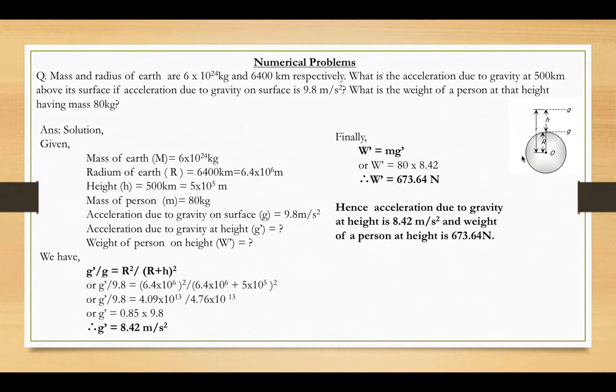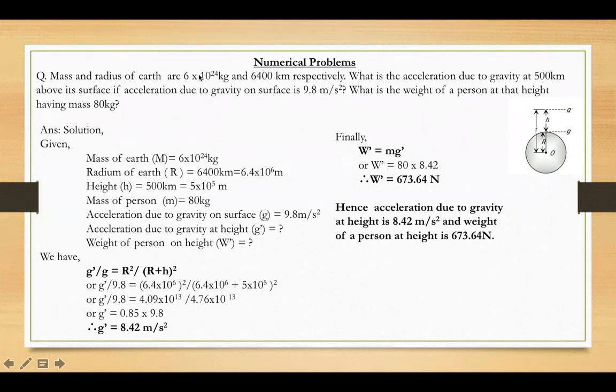In the previous case, you calculated the value of g on the surface and at height. But here you are given the value of g on the surface, and with that you are asked to calculate the value of g at a certain height. So let's go to the solution.